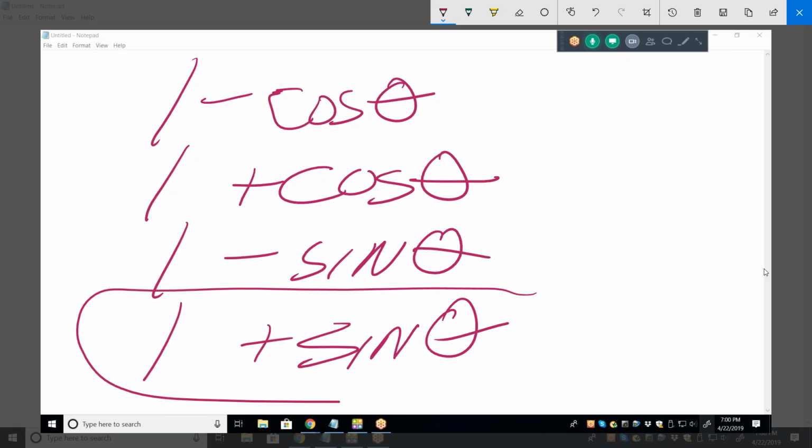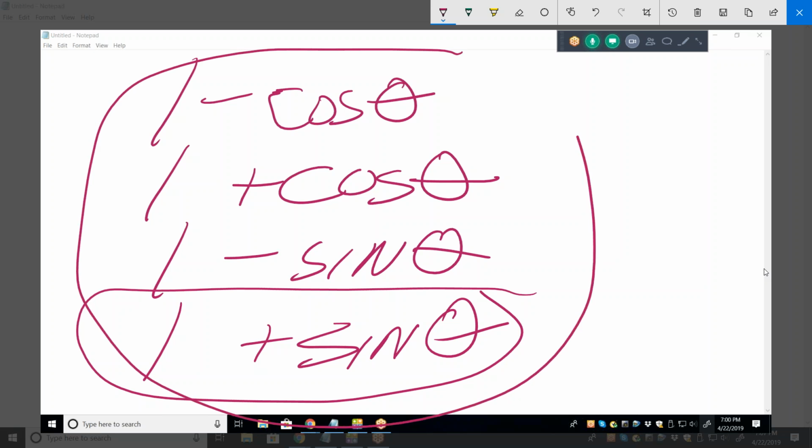Trig doesn't have any identities that are equal to these. So when you run across one of these, you want to multiply by its conjugate. That's one of the techniques that's most valuable in verifying trig identities: when you run across one of these four things, know that you're going to have to multiply by its conjugate.